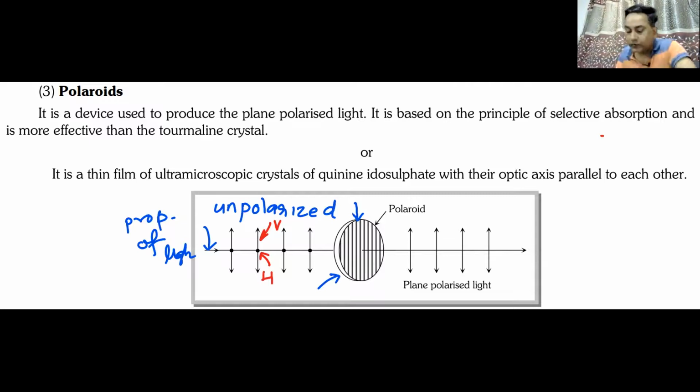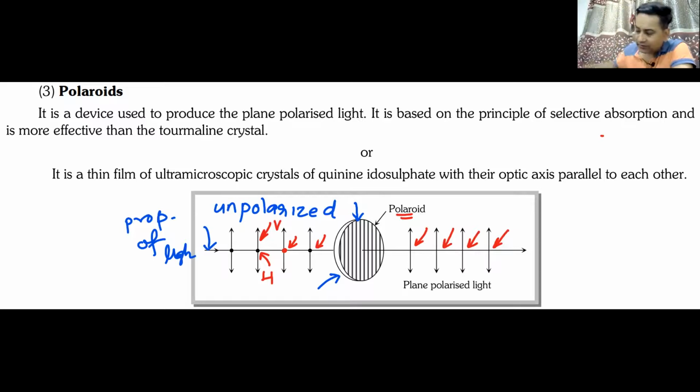Now what we do is we put a Polaroid which has the optical axis vertical. So what happens? All these horizontal components, all these dots, get cancelled. Do we see here? There is no dot here. That means the horizontal component has been absorbed.